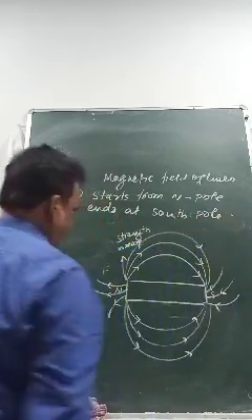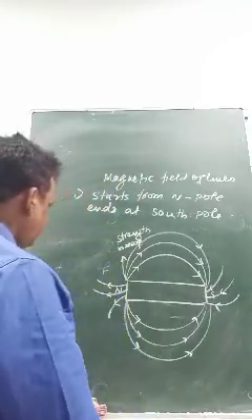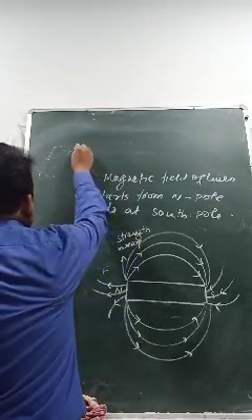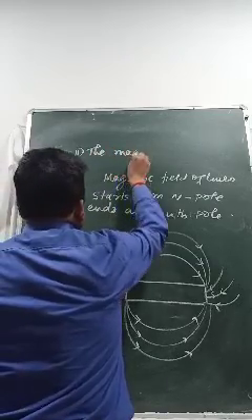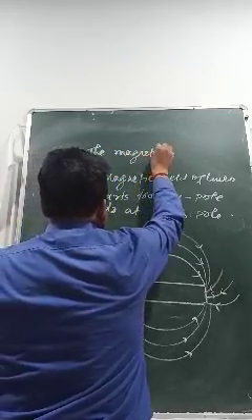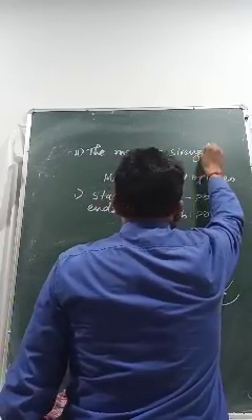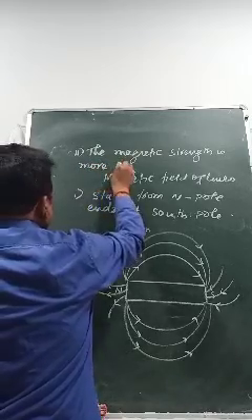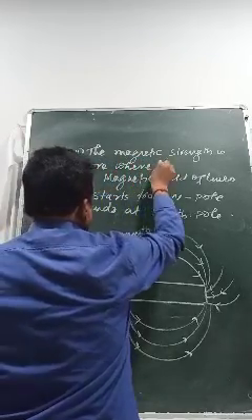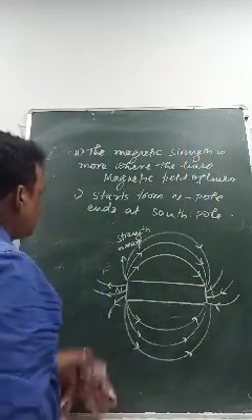Second point: the magnetic strength is more where the lines are closer.